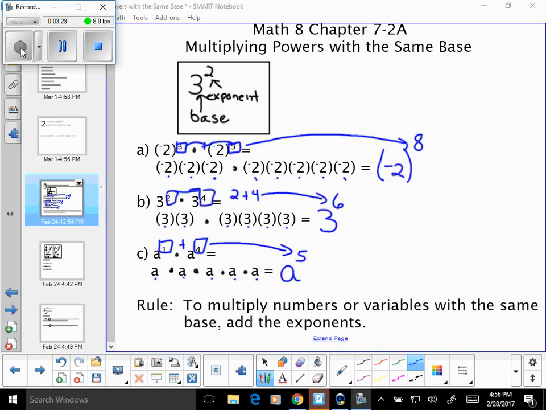We have certain rules in math, and sometimes they are called the laws of exponents. When we are going to multiply numbers or variables with the same base, in other words, all -2's, all 3's, all a's, we can add the exponents to give us a shortcut in doing the math.